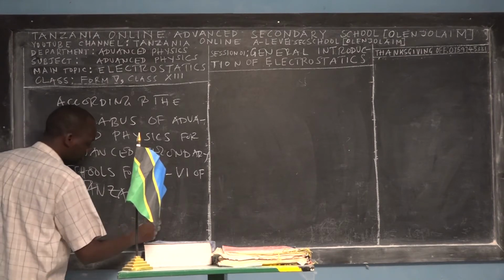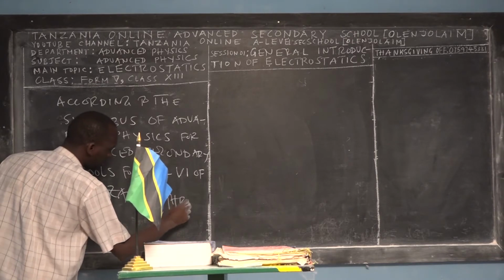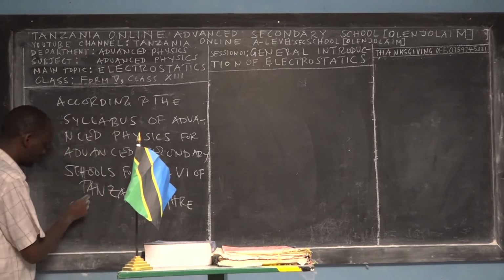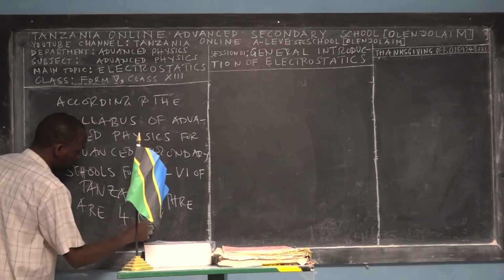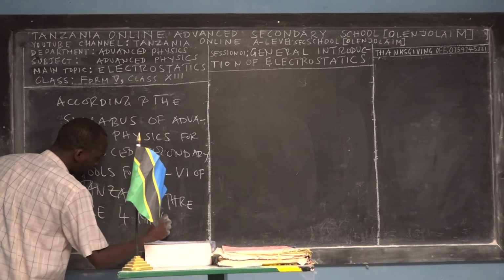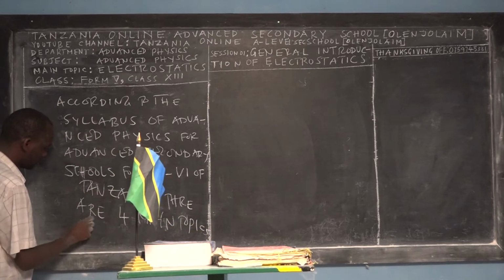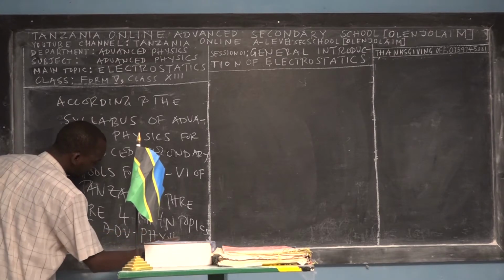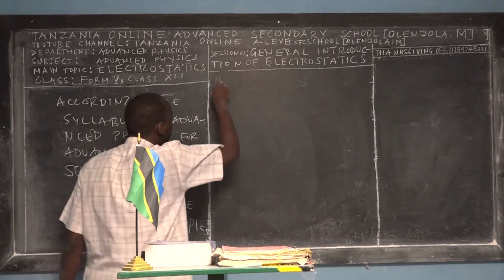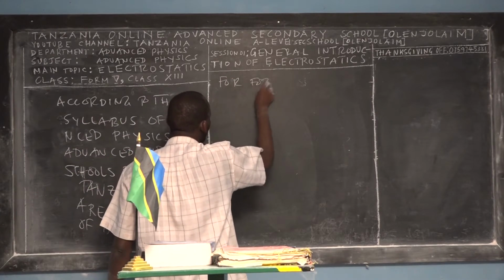Then we say that there are four main topics of advanced physics for the Form 5.